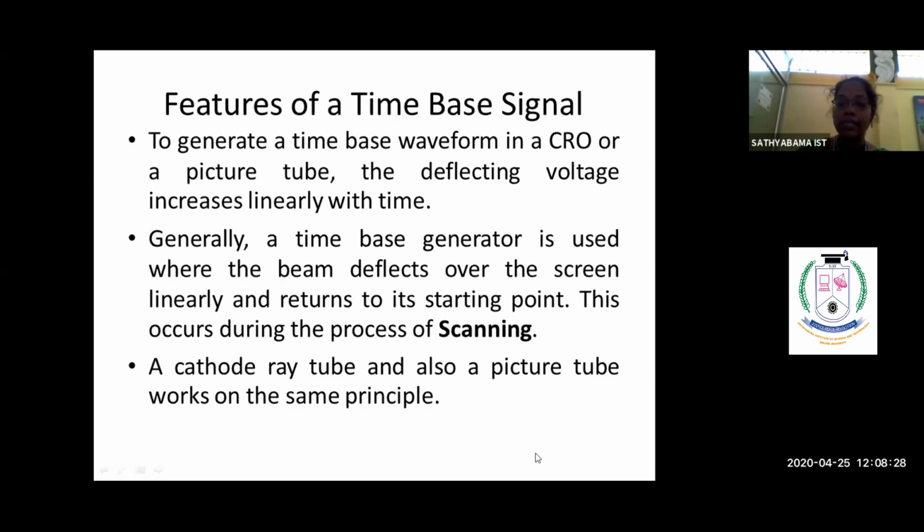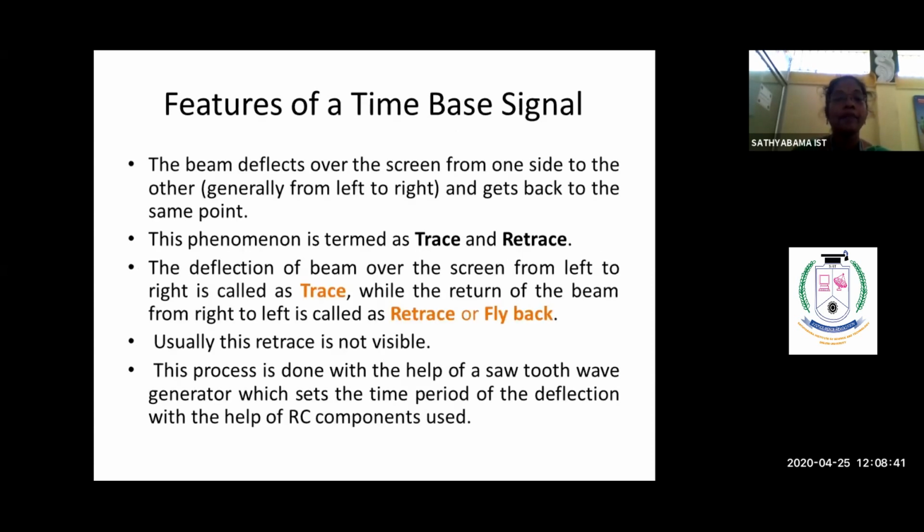This process occurs during scanning. In the scanning process, we have a linear rise as well as a sudden decrease. Both the CRT and the picture tube work on the same principle. The beam deflects over the screen from one side to the other, in general from left to right, and gets back to the same point.